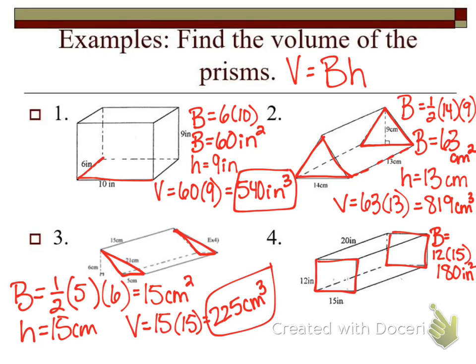It's 20. So that's why I said highlight whatever you're using as your base. Because if these two are our bases, the front and the back this time, then your height is the distance between them, and that would be the side that's 20. So that is my height, the 20. Yep, so to find the volume, we're going to take 180 times 20, and what do we get?